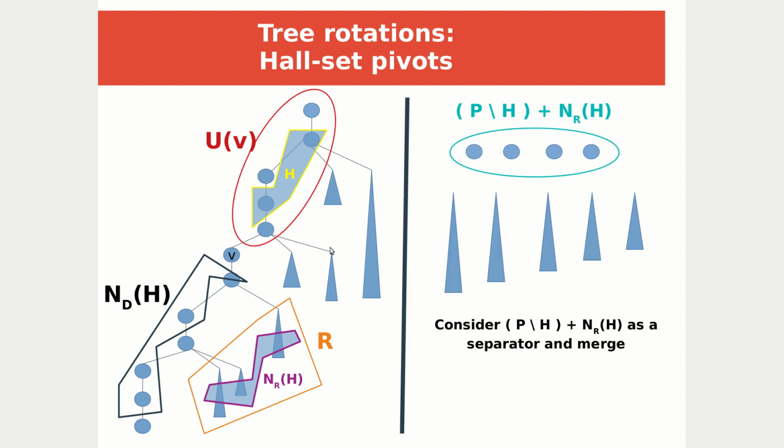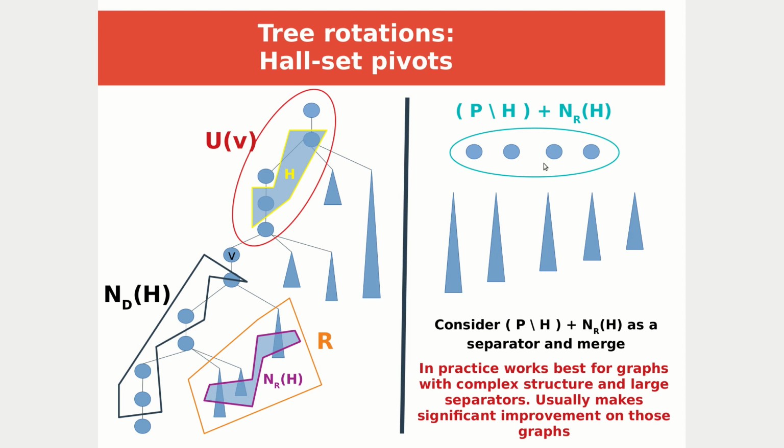If such a situation occurs, then we consider the set P minus H, that is the whole path here. From the whole path we remove the set H, then we add its neighborhood in R, we treat it as a separator, and we again apply merging for the separator.